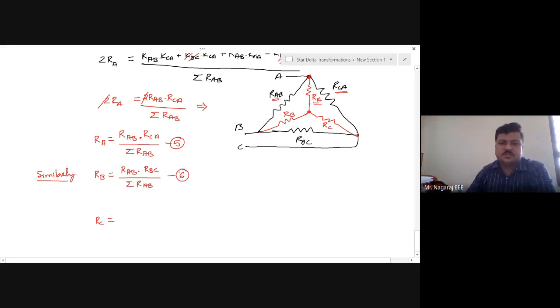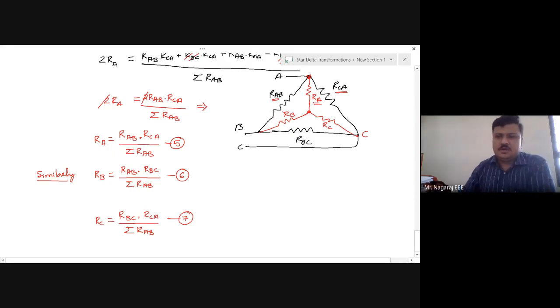This is equation 6. Similarly, for RC, the resistances connected to terminal C are RBC and RCA. So RC is equals to RBC into RCA divided by summation RAB. This is equation 7.